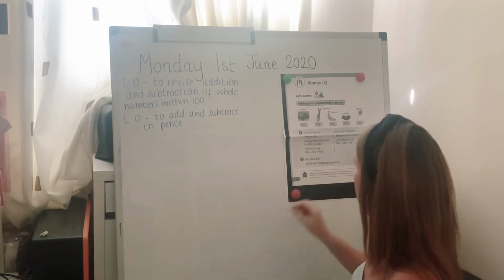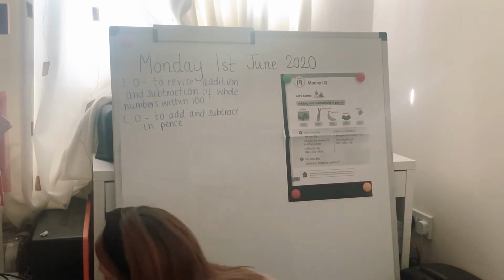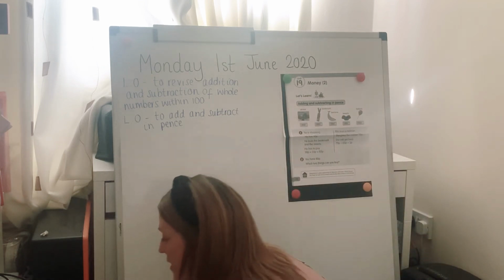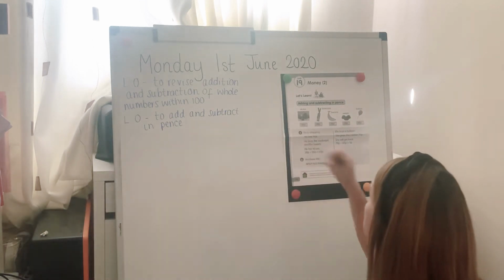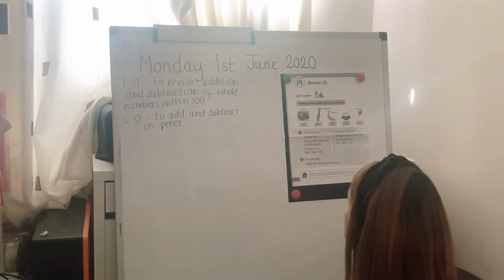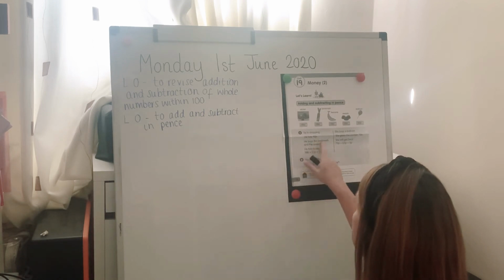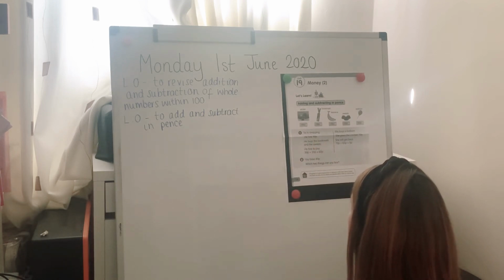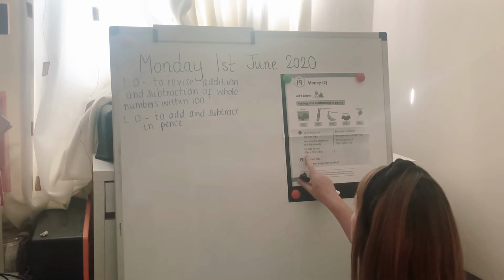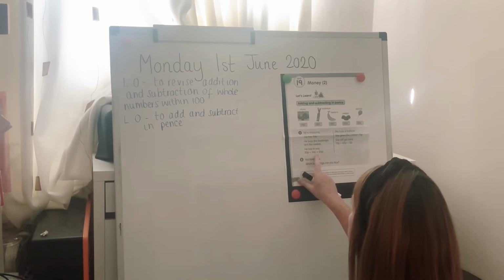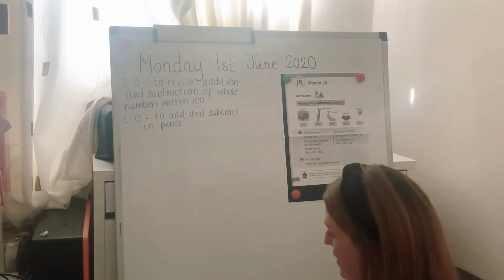Okay, so it says that Ty is shopping and he has 90p. It says he buys the bookmark and the sweets. He has to pay 30p, add 35p, which equals 65p.